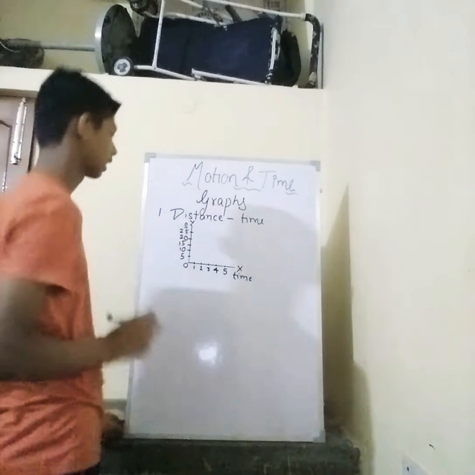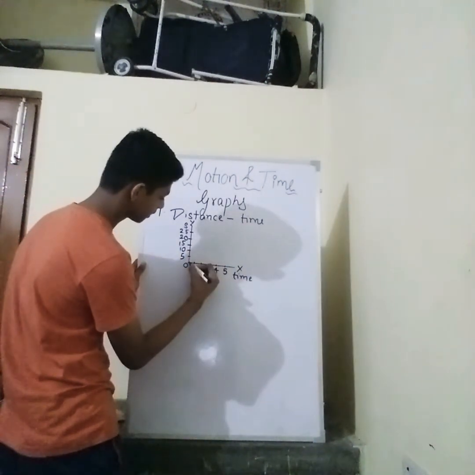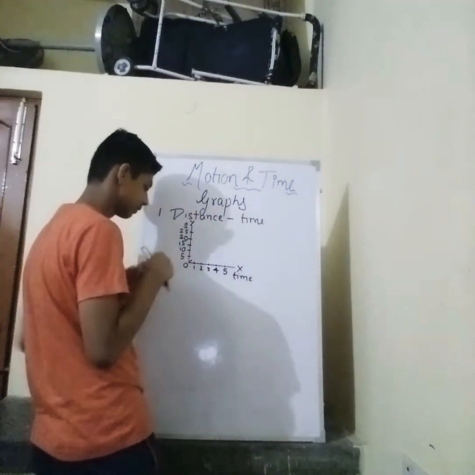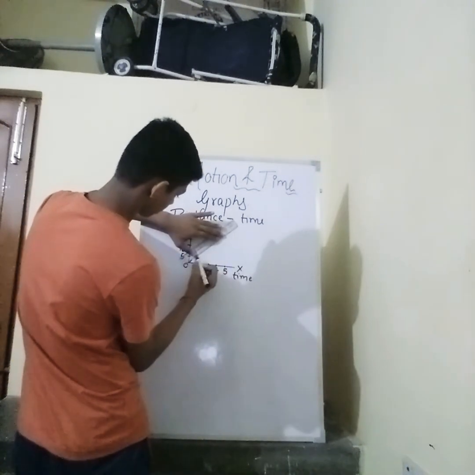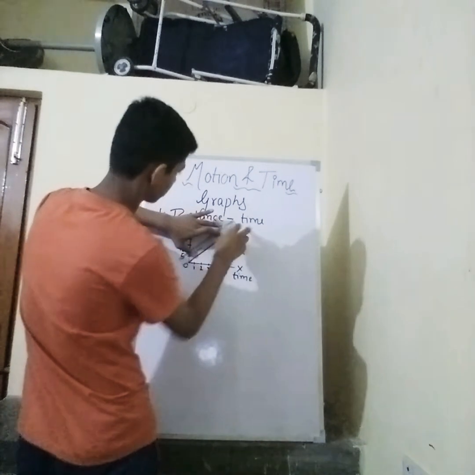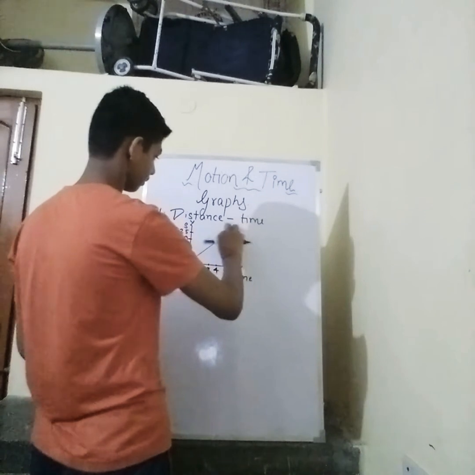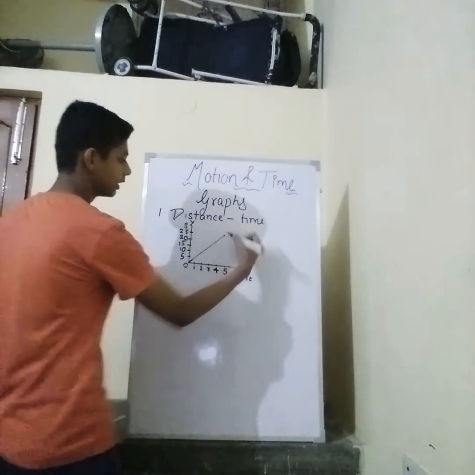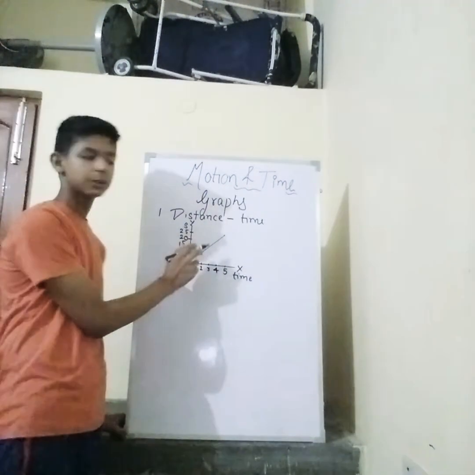Now if a journey is plotted like this, I am using the scale. Then see that we can calculate this as uniform speed.